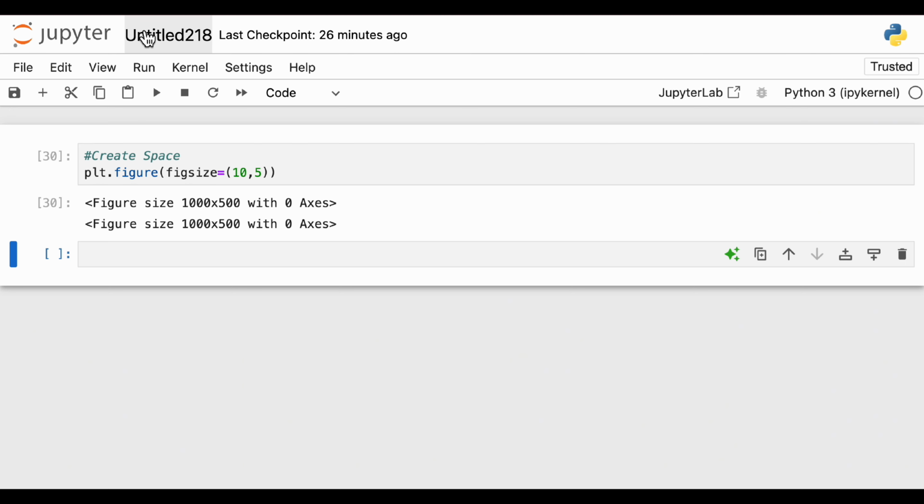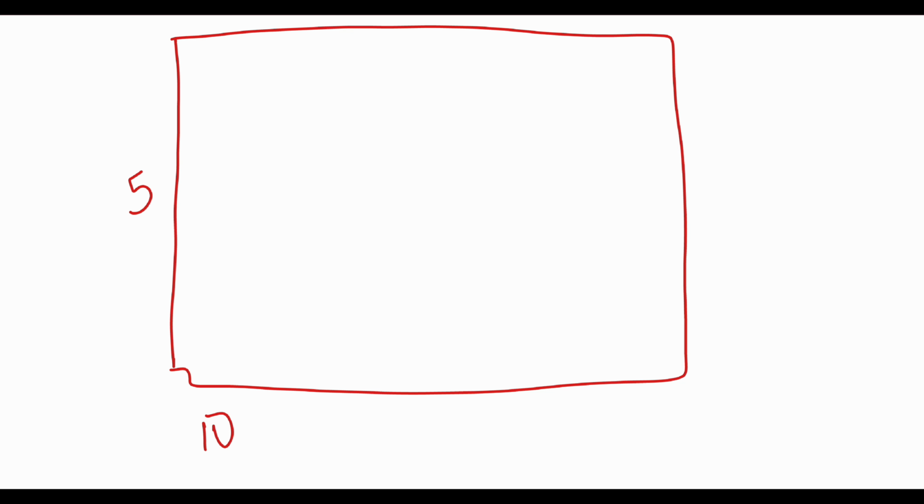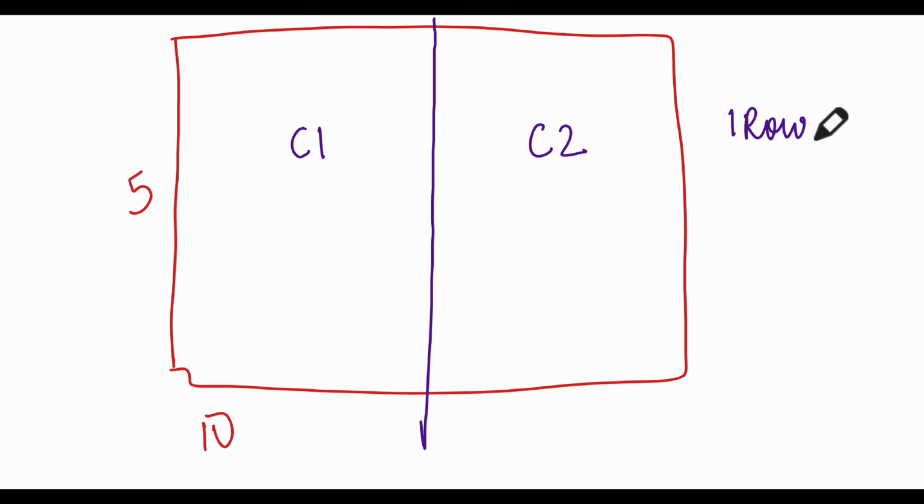Let's say I want to compare two data sets, so I have to split this into two parts. I want to do a comparison of chart 1 versus chart 2. This is one row and two columns.